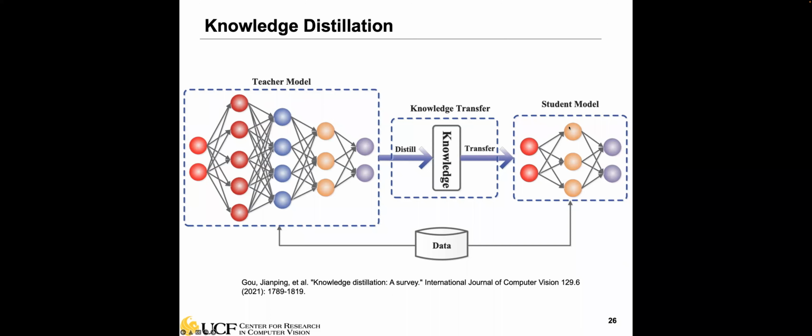But the student network is typically very small, considering the capacity of the target device, right? How much memory and how much compute you have on the target device, you can specify how large the student model is. And then the goal is to distill the knowledge, or transfer the knowledge, from the teacher model to the student model, okay?